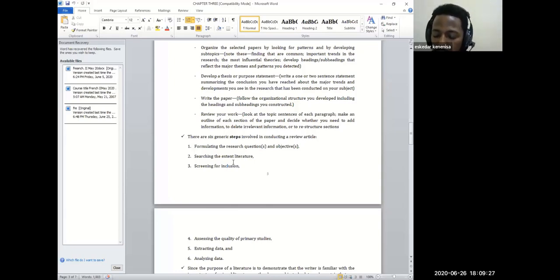In addition to the referencing or citation, you also have to make sure of your style of referencing, because the referencing method is different from subject to subject, from field to field. You have to follow the guidelines given by your department.